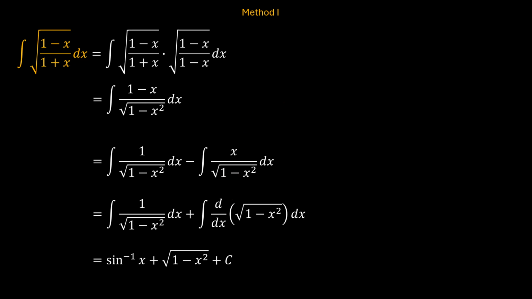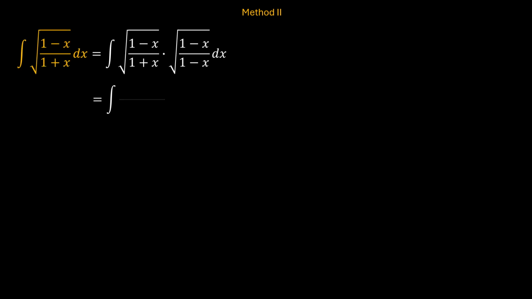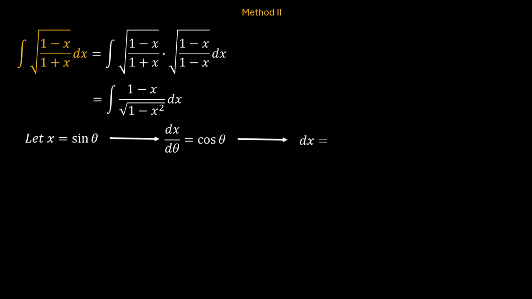but the second method is we'll just go ahead and say, okay, let x be equal to sine theta, such that dx/d theta is cosine theta, such that you can substitute for dx with cosine theta d theta.